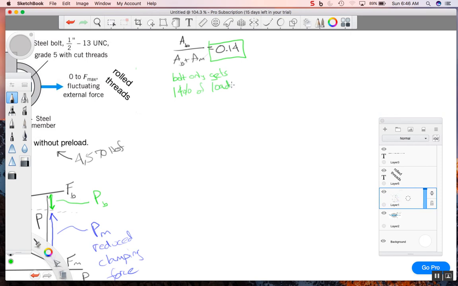That's great news for me. So if I load, unload, load, unload, load, unload, only 14% of that goes to the bolt. The other 86% is just reducing and increasing the clamping force. All right. So what is the preload?